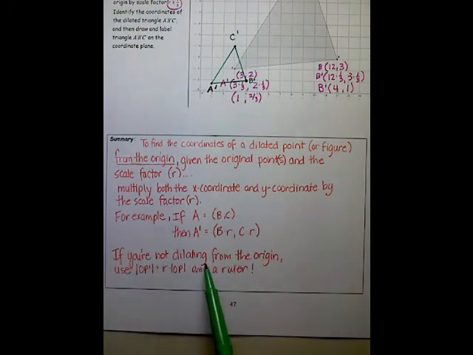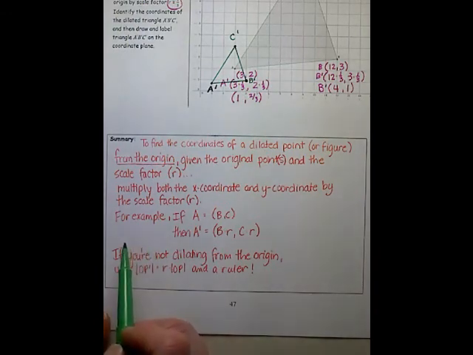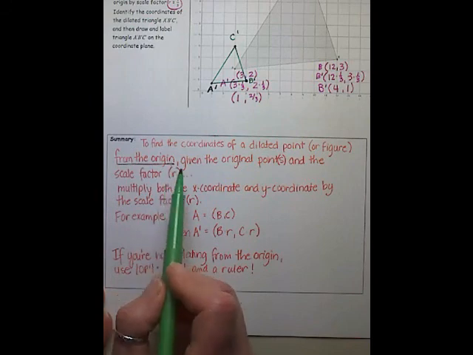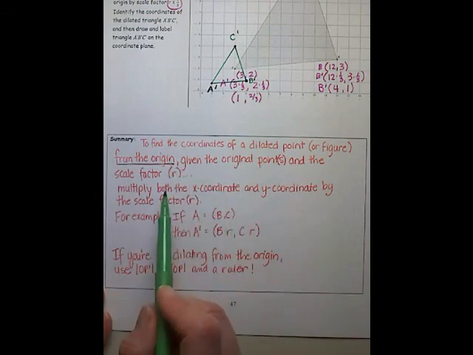If you're not dilating from the origin, then you would use the definition of dilation. The length of the dilated segment is equal to the scale factor times the length of the original segment, and you would use a ruler. Remember, what we've learned in this lesson applies to dilations from the origin, given the original point and the scale factor.